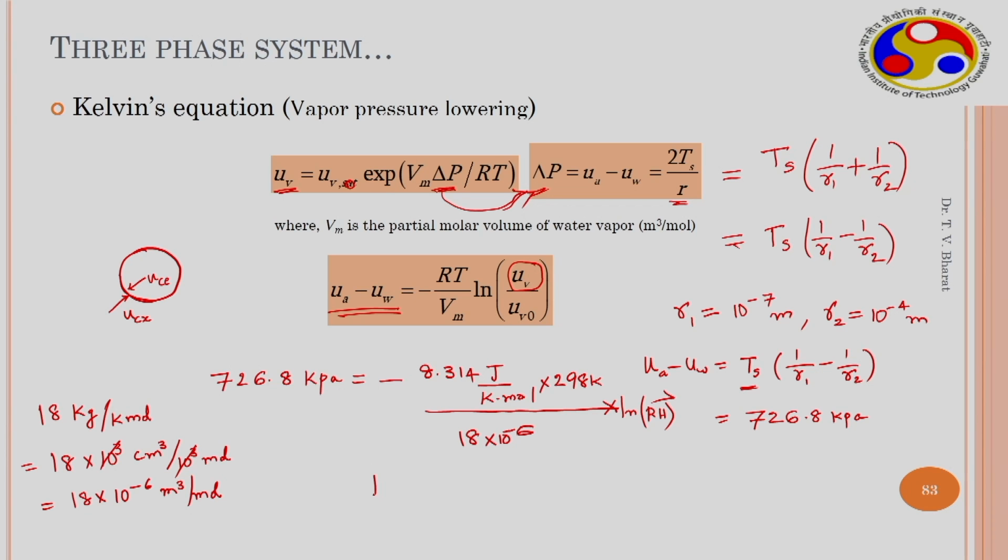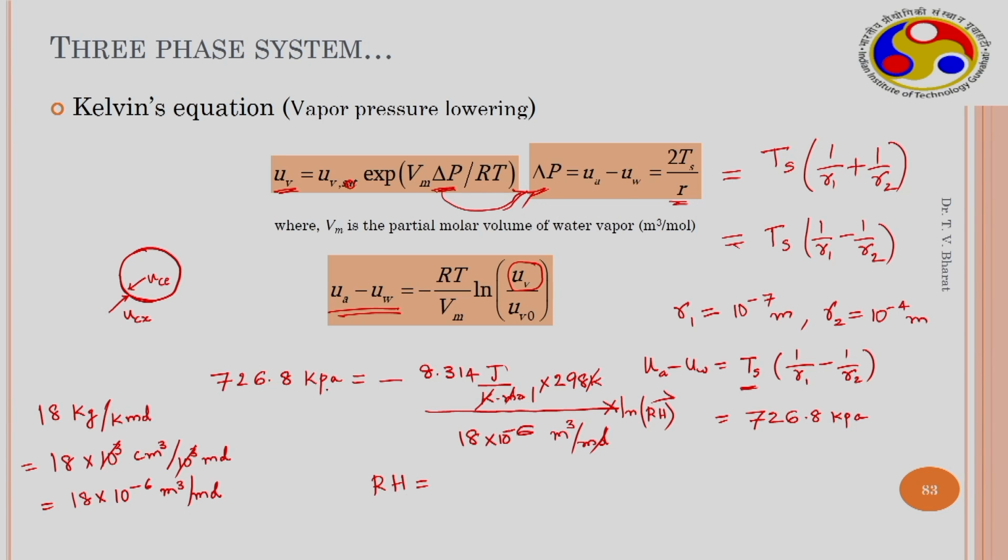So if you simplify here, joule can be written as Newton meter. Kilopascal can be written as kilonewton per meter square, and after simplification the Kelvin gets cancelled, and here you have meter cube per mole, the mole gets cancelled. Newton meter gives Newton per meter square.